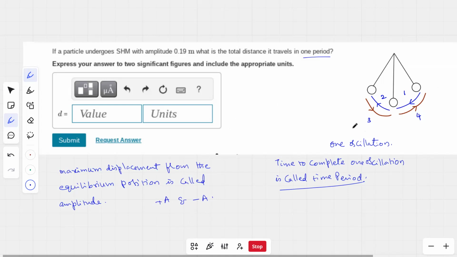Now, what he is saying, if a particle undergoes simple harmonic motion, we will have to describe what simple harmonic motion is. Here, the pendulum is in the equilibrium position, or rest position. When we apply a force, that means pulling the bob to the extreme position, then this is the amplitude.